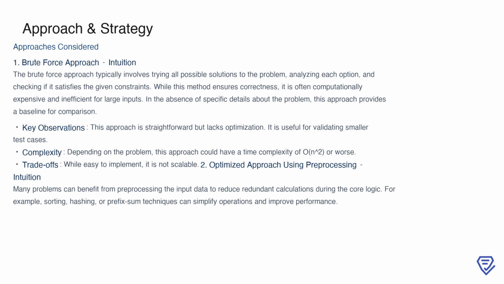However, its lack of optimization means that time complexity can easily reach O(n²), or worse, depending on the problem. The trade-off is clear: although it's simple and always available, this approach is not scalable for larger datasets. To address this, we can consider more efficient strategies, such as leveraging pre-processing techniques.